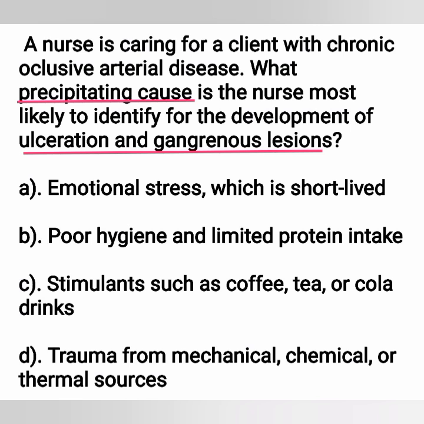Here the question is, a nurse is caring for a client with chronic occlusive arterial disease. So occlusion or obstruction in the artery may lead to decreased blood supply to the area. What is the precipitating cause the nurse identifies for the development of ulceration gangrenous lesion?